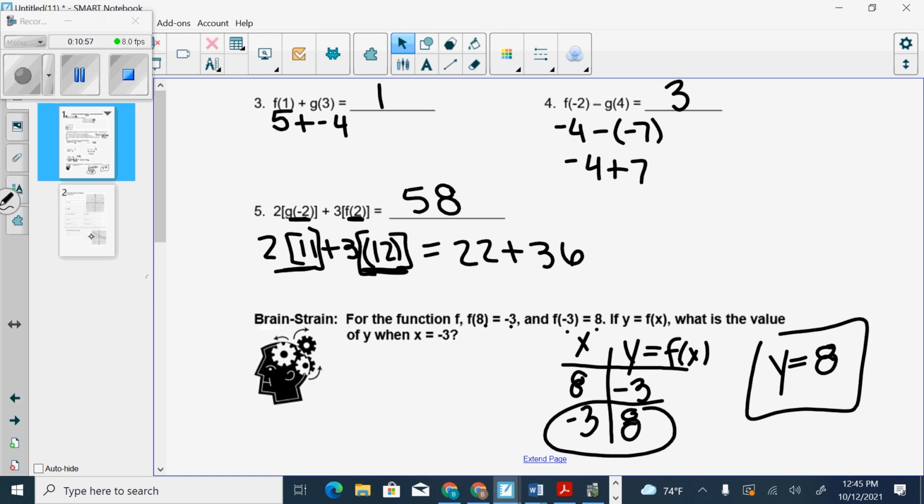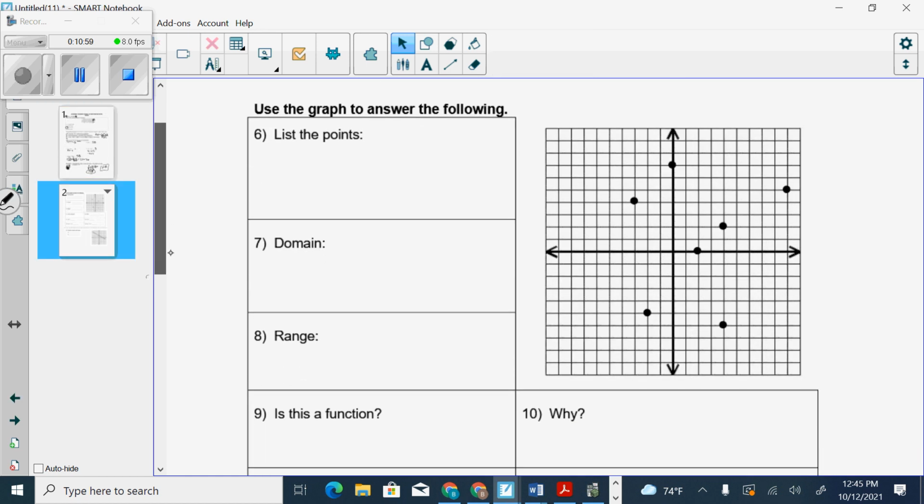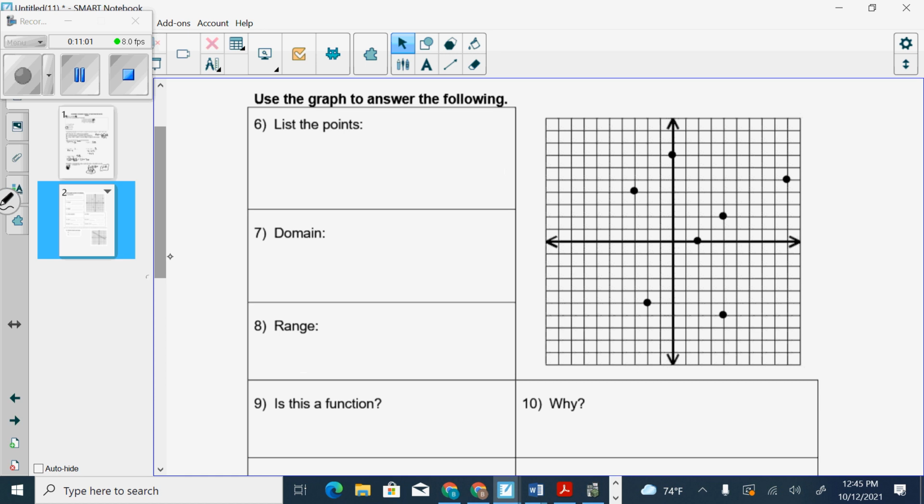All right. On the back, I've got a couple of review questions. First, they want us to list all of the coordinate points. Let's start with the one farthest left. Where is this point right here? Negative 3, what?